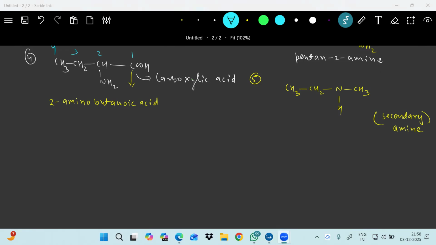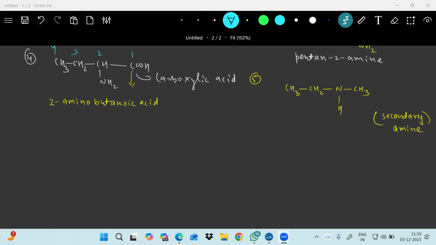It will be ethane, N-methyl. First you select the methyl.